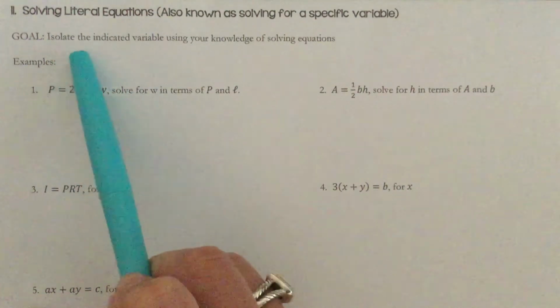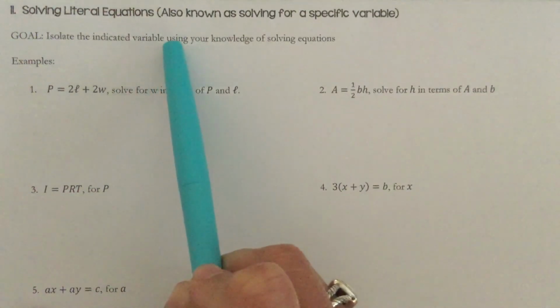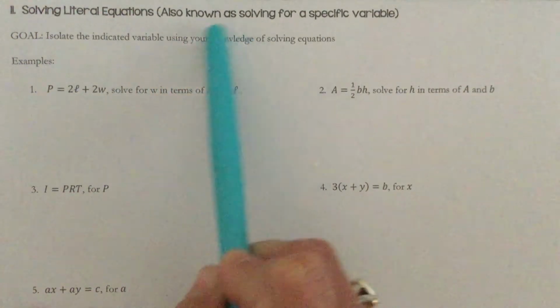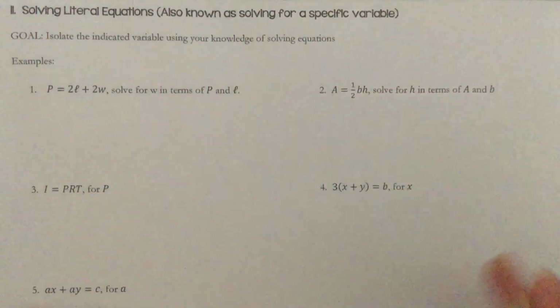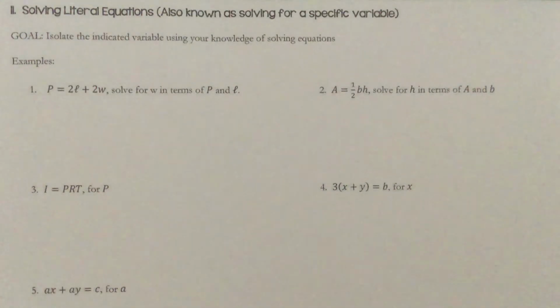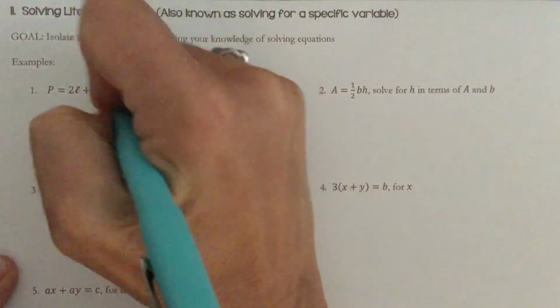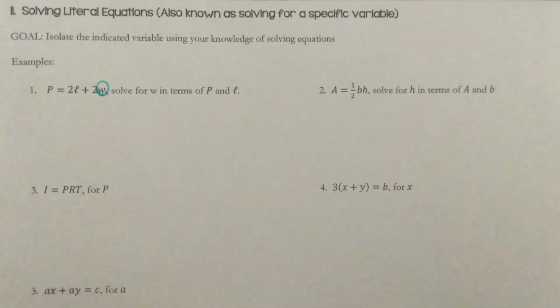Remember, our goal is to isolate the indicated variable using our knowledge of our 6 steps of solving equations. So in number 1, I want to rearrange that equation to solve for W. In other words, I need to get that W by itself. Again, in terms of P and L tells me that P and L will both still be in my problem.